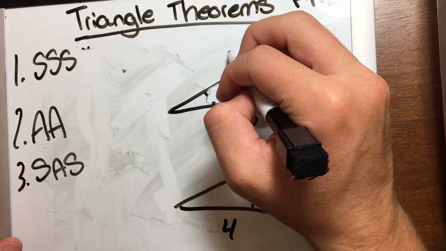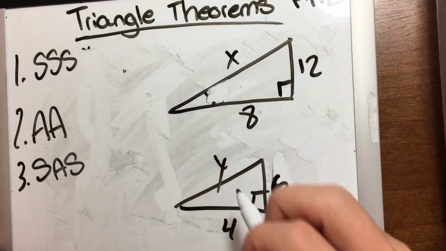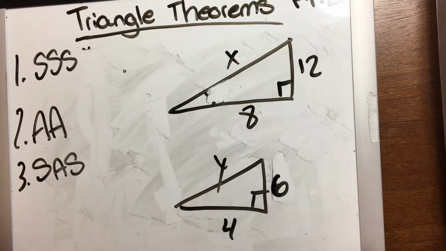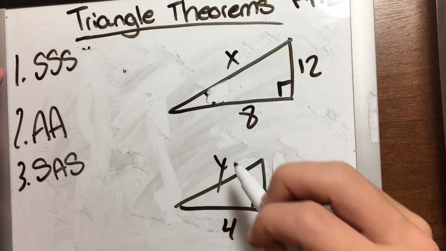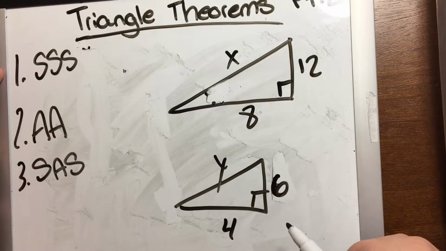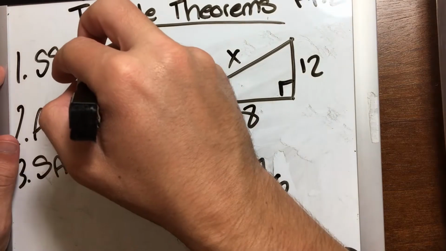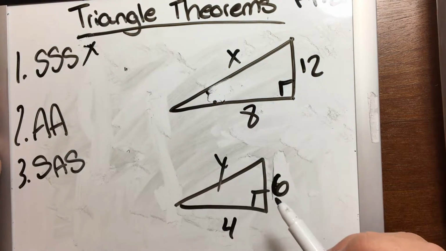And here is x and y. So we don't know what x and y equals. So let's go down. Side, side, side. Well, we don't know what x and y equals, and they don't give you any information saying if they're proportional to each other. So there's not enough evidence to prove this.